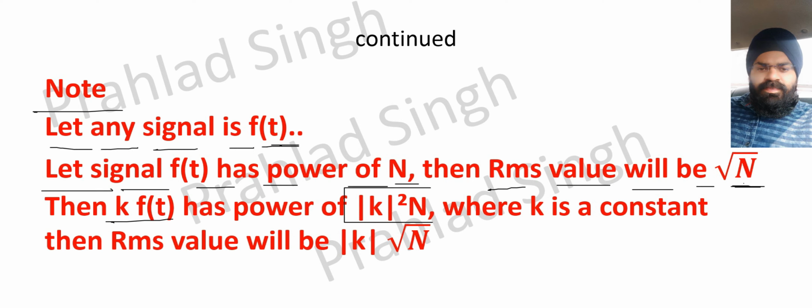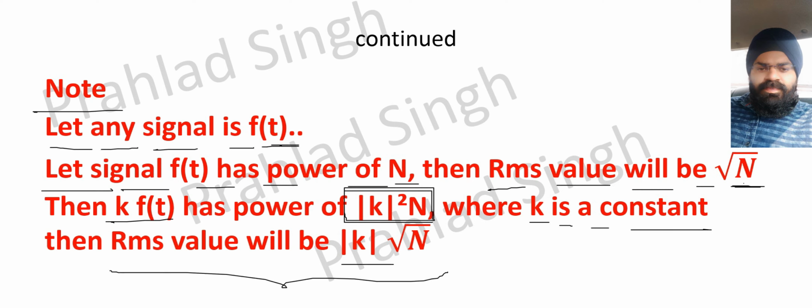This is an important thing: if constant k is multiplied, the power will be mod k squared times n. Then what is the RMS value? Mod of k times root n, because when we take the square root of mod k squared times n, it becomes mod of k times root n.